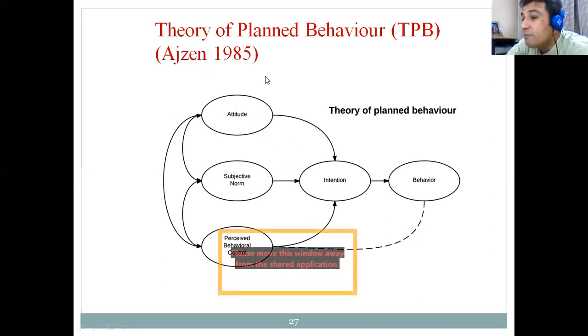Why do we say the word planned behavior? You don't have to plan your behavior, but actually here the behavior is passing through a series of dimensions. For this, you must first understand consumer research. When I say the attitude is a predisposition, that means it is based upon my previous experiences and learning.